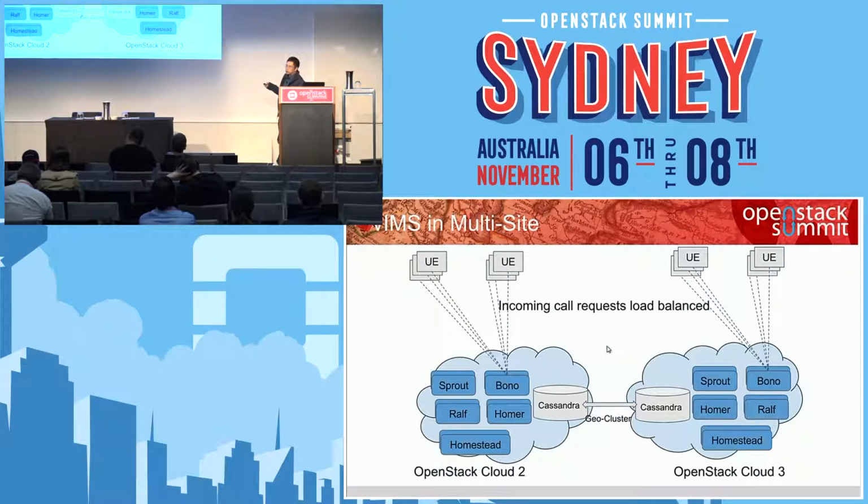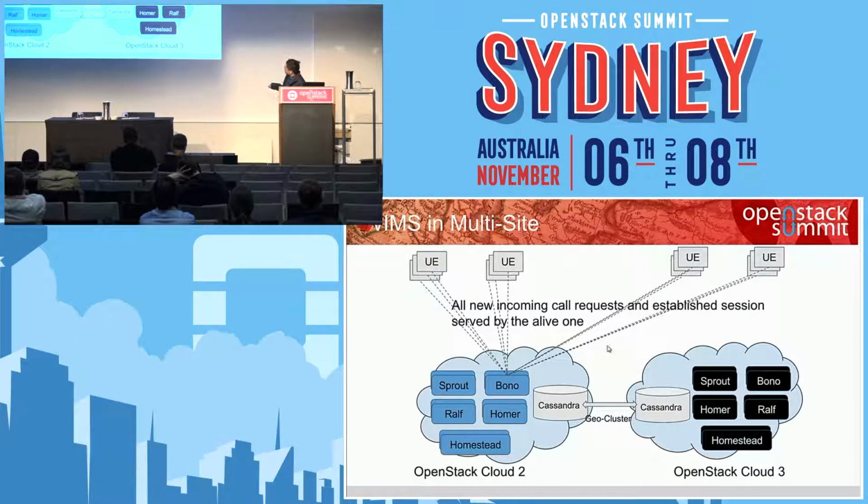So all the call requests could be load balanced between different clouds and different components, and all components can see the same data set. This is a very important point for a high availability application in multi-site.